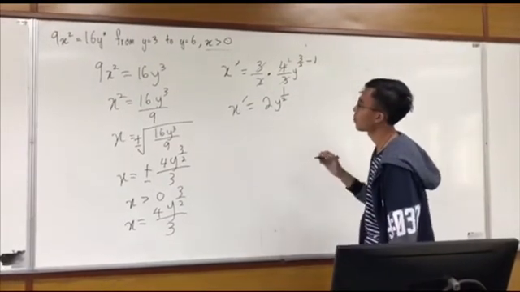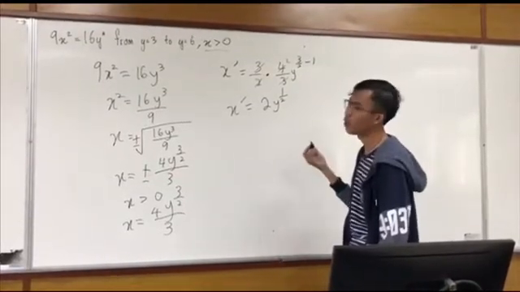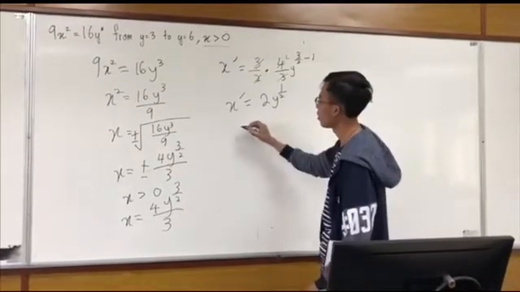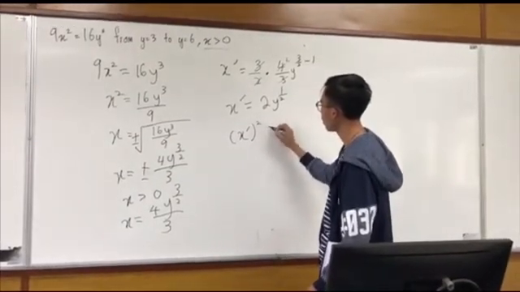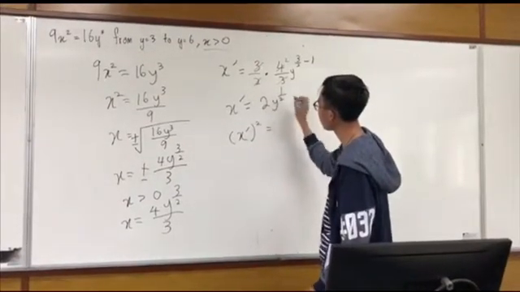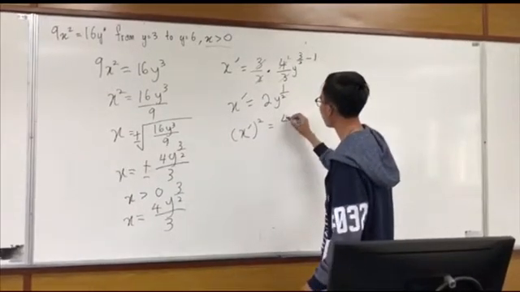We have to use the formula with x prime squared, so the square of the differentiation of x, the whole thing squared, will be equal to 4y.